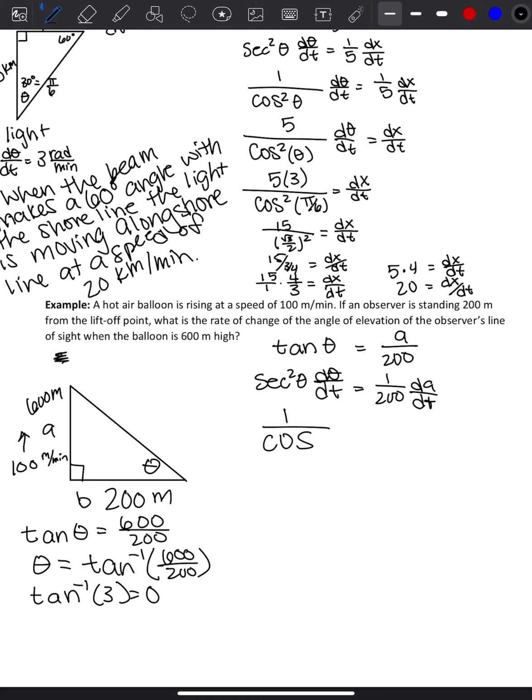1 over cosine squared theta d theta over dt equals 1 over 200 dA over dt. So we're going to go ahead and plug stuff in.